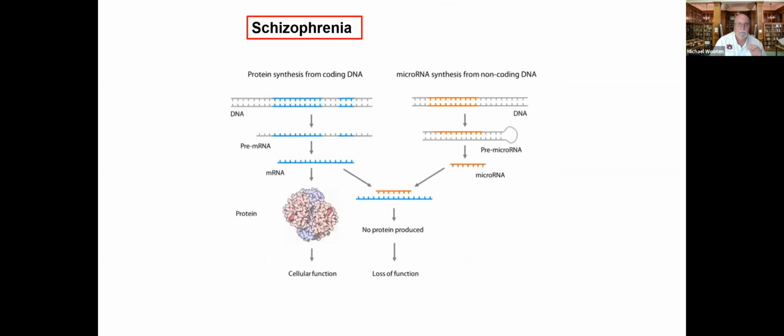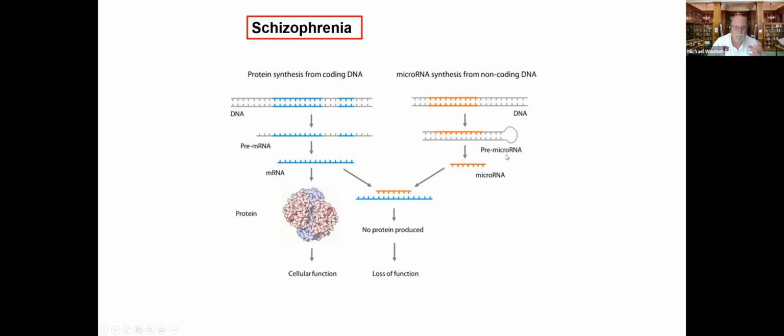And the example that I will use here is in schizophrenia. There are various forms of it. About 2% or so of what right now is the estimate of individuals who become schizophrenic show up because of a mutational problem that's related to microRNA production. This microRNA production has to do with DNA being read, transcribed.